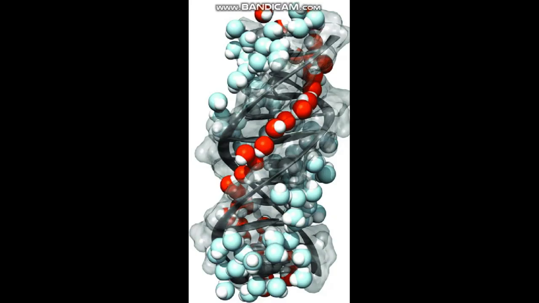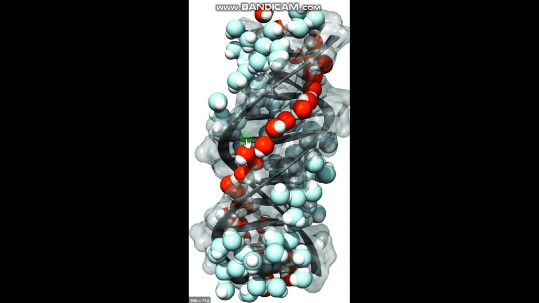Thinking about the entropy of the water made us realise that there was also going to be another contribution to the thermodynamics of folding, resulting from the water molecules that fill up the grooves in the DNA surface.